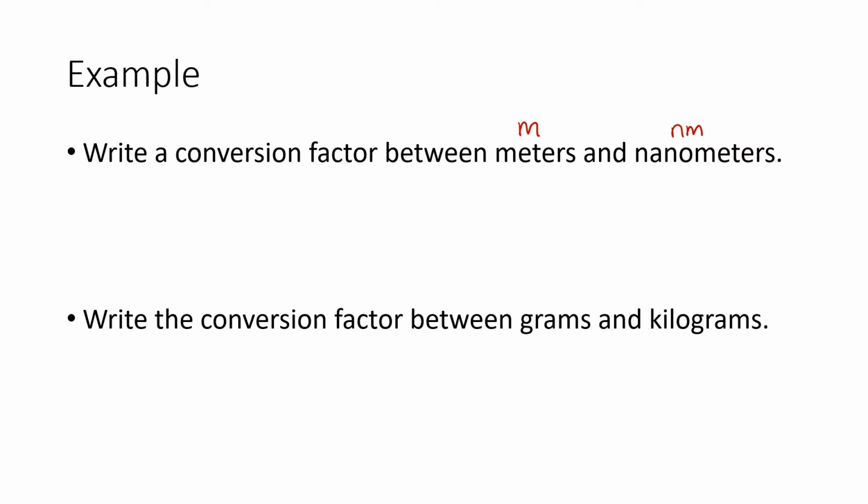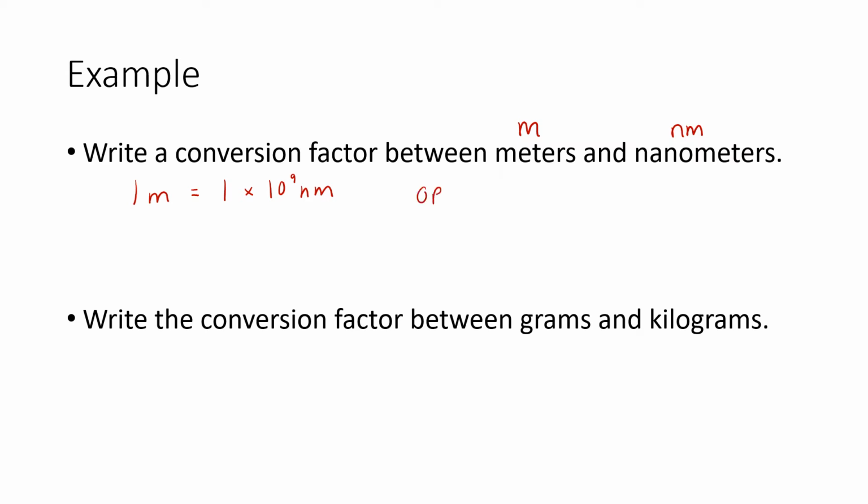Reading our prefix chart, there's two different conversion factors that we could write, and they're both equivalent. We could say that 1 meter is equal to 1 times 10 to the 9th nanometers. So there's a lot of small nanometers in 1 meter.